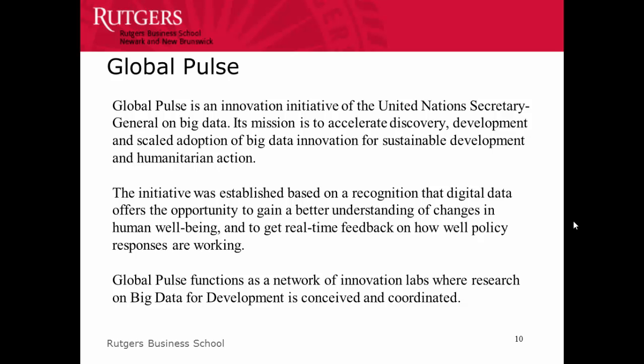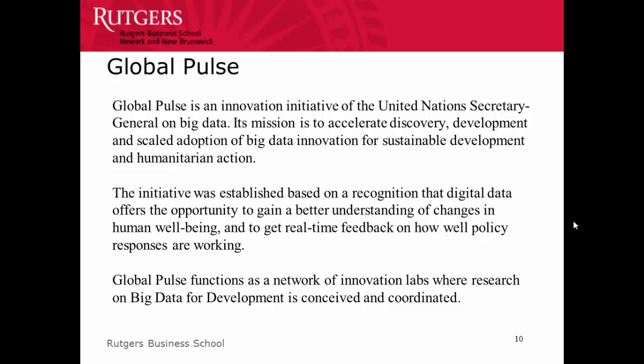The initiative was established based on a recognition that digital data offers the opportunity to gain a better understanding of changes in human well-being and to get real-time feedback on how well policy responses are working.